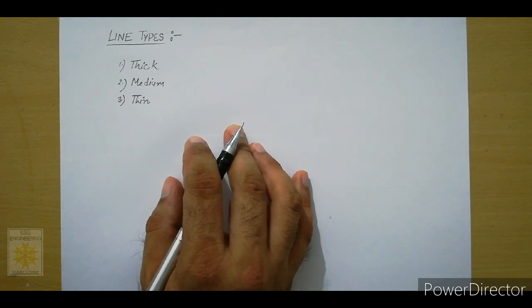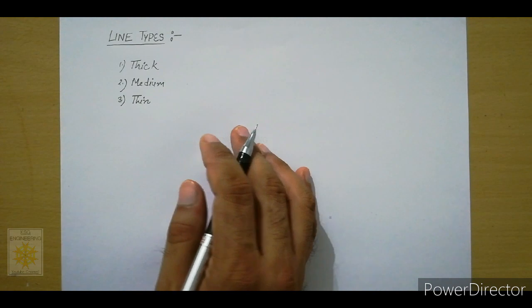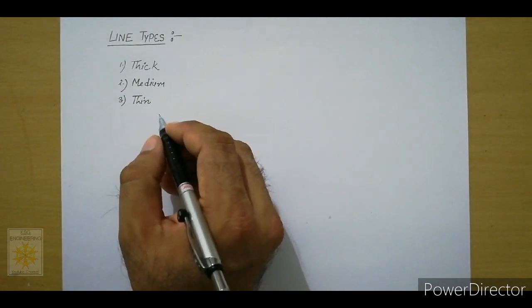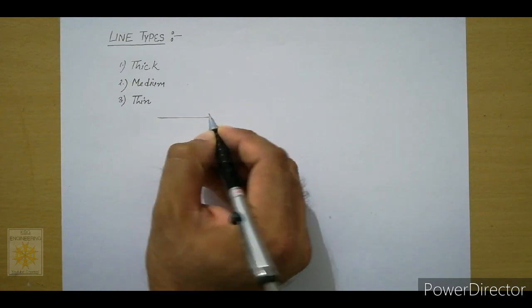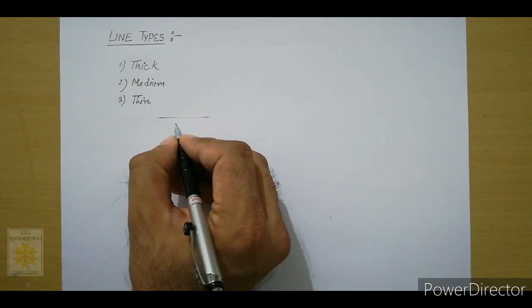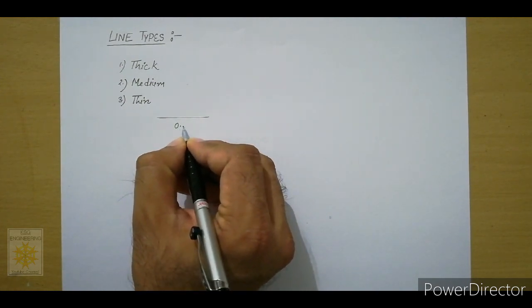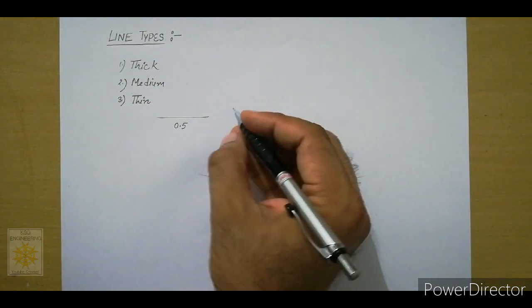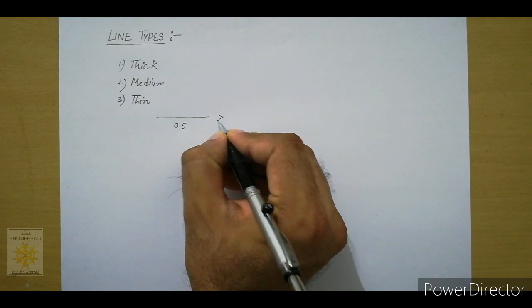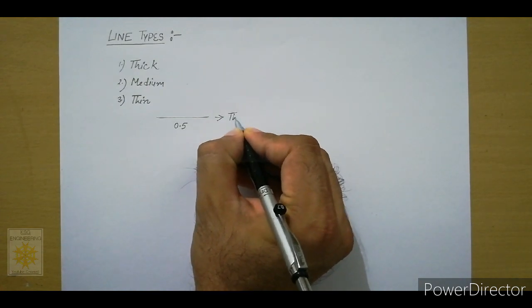Like if I have to draw these lines, we have to choose one thickness for thin lines first. Suppose I have drawn one line and I have taken the thickness of that line as, let us say, 0.5 millimeters, and I'm calling that line a thin line.